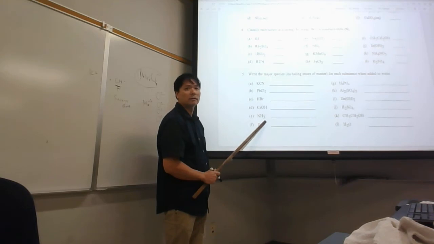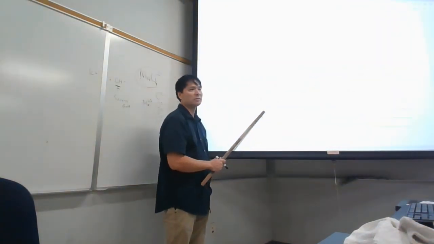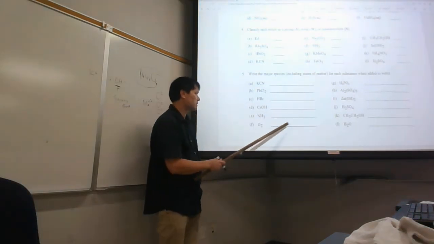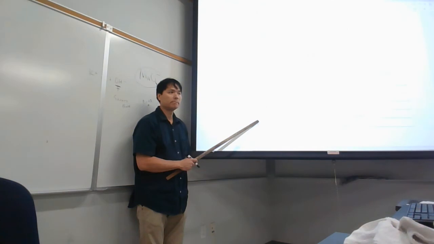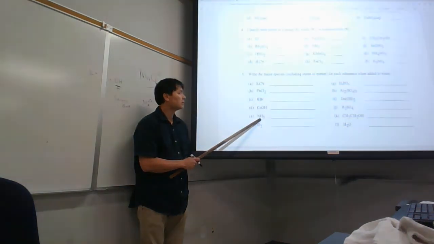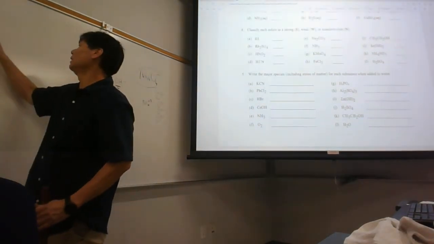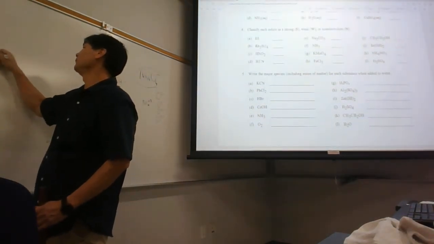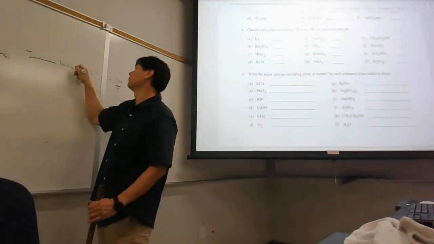Oh, it's group 1. Group 1 salt, so this is a soluble salt. Cesium ions and hydroxide ions. Ammonia, weak base. So the major species in ammonia is just going to be ammonia AQ. You know, it's uphill to form ammonium and hydroxide.